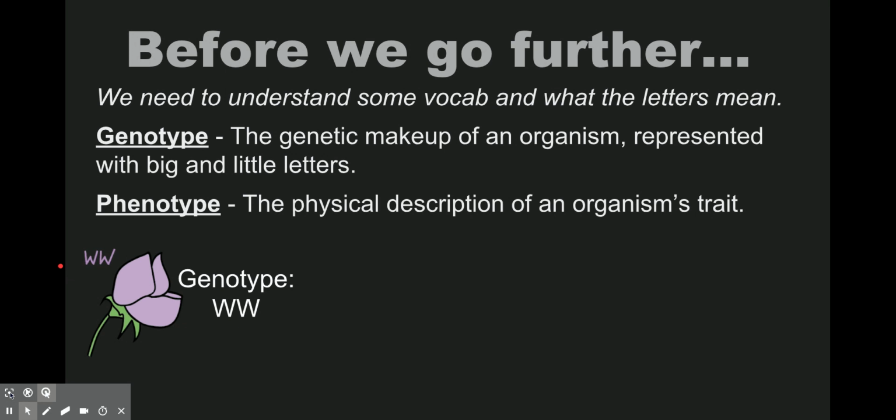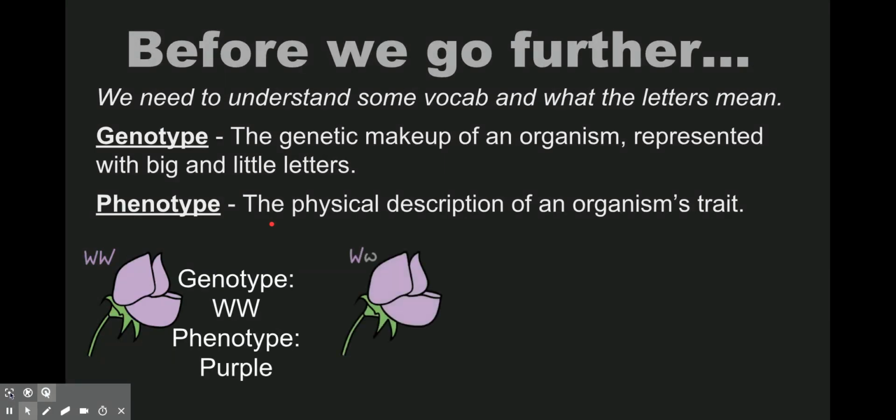So just say big and little, and you'll be fine. Okay, so big W is the genotype. The phenotype, the physical description, we're focusing on color here. So the phenotype for this flower is just purple, right? Looking at the next one, here we can tell the difference between big and little w's. Now this one's genotype is going to be big W, little w.